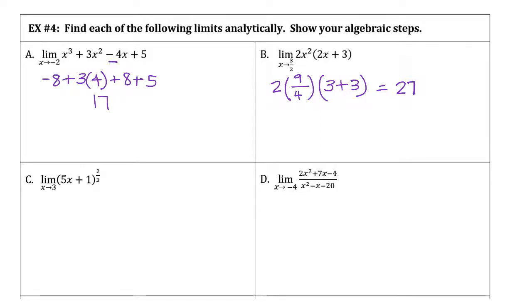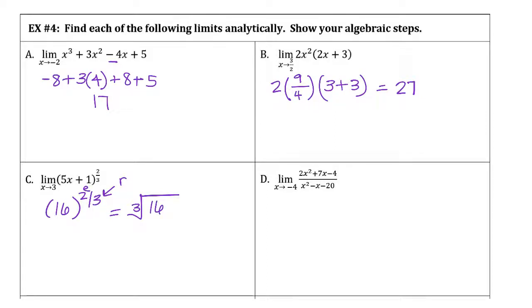All right, so again, traveling on, C should be something nice and neat. I don't see any fractions. Now part D, I see some fractions. But here part C, again, substitute in. So that's going to give me 15 plus 1 or 16 raised to the 2/3. And this is a good review. Remember the roots grow on bottom. That's the root. 2 is your exponent. So here we have the third root of 16.